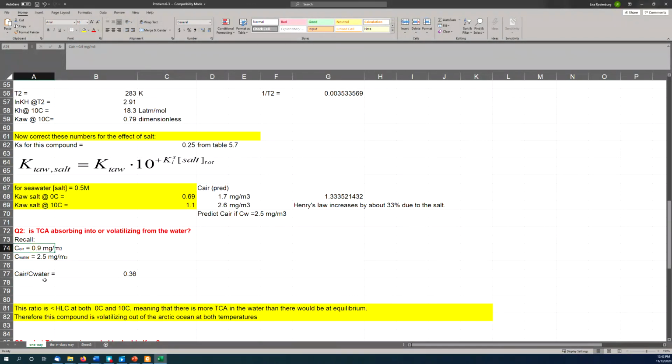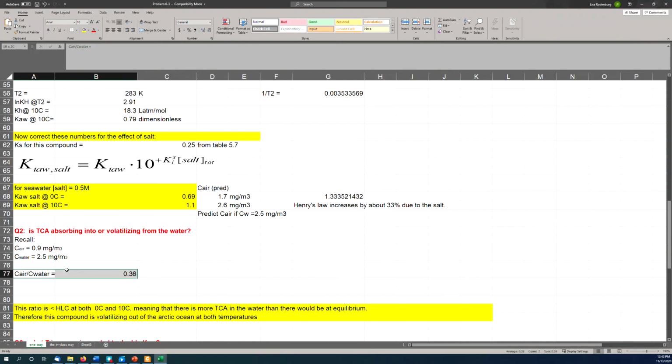What we actually measured was 0.9. So these predicted values are higher. So in order to come to equilibrium, the air concentration has to be higher. Okay, so that means that the TCA, the 1,1,1-trichloroethane, has to be volatilizing out of the water column in order to move toward equilibrium.